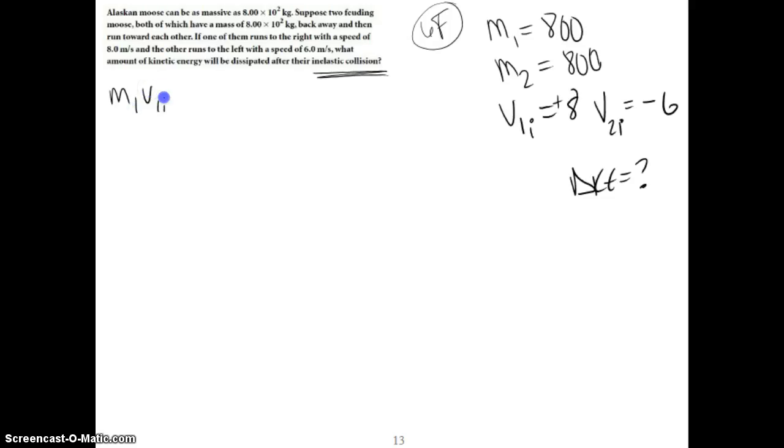Mass 1 v1 initial plus mass 2 v2 initial equals the two masses added times your final velocity. So obviously right now we're looking for the final velocity.